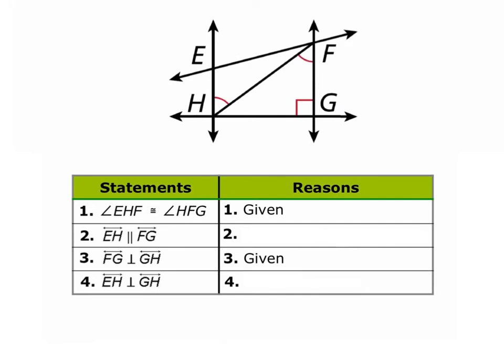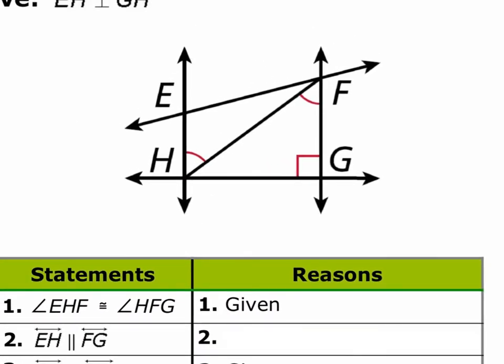So angle EHF is congruent to HFG, and that's given. So we have this is congruent to this. If we're looking at line EH and line FG, and this is our transversal, what do we know about the alternate interior angles? What is this telling us?